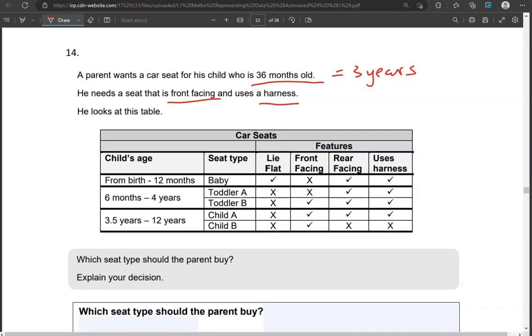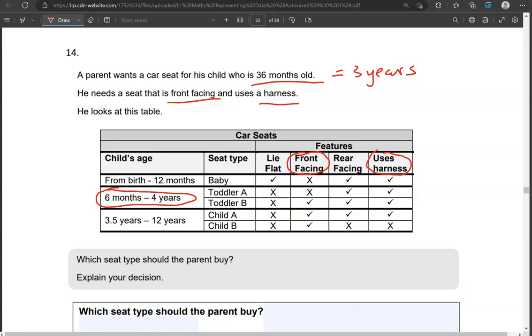So we're interested in this row here. So we're looking for a front-facing car seat which uses a harness. So it needs to have both of these ticked. Front-facing and uses a harness.